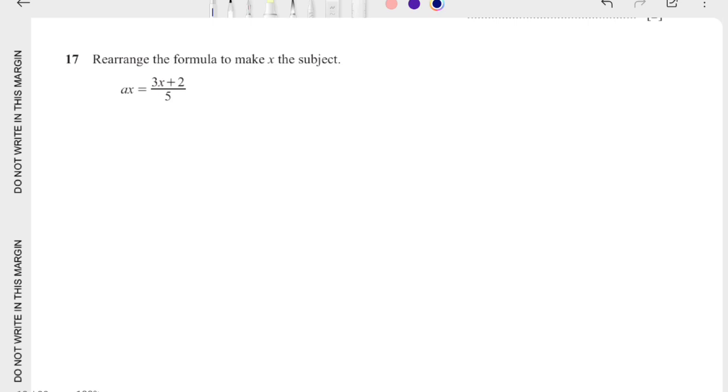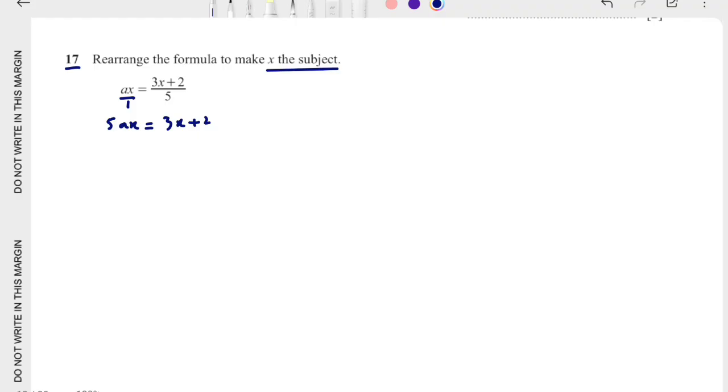Question number 17. Rearrange the formula to make x the subject. Means we have to isolate the subject from the equation. So first of all we need to do cross multiply. 5ax is equal to 3x plus 2.